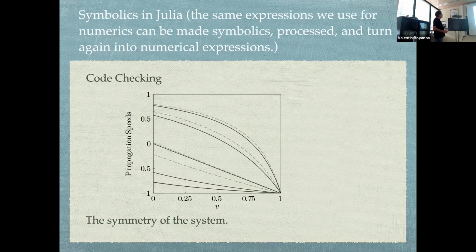So I said that we use a lot of checking. For instance, these are the propagation speeds. This is the sound speed, and this is the second sound speed. And symmetric, there is a zero mode too. And this plot is where we changed the u, the velocity.